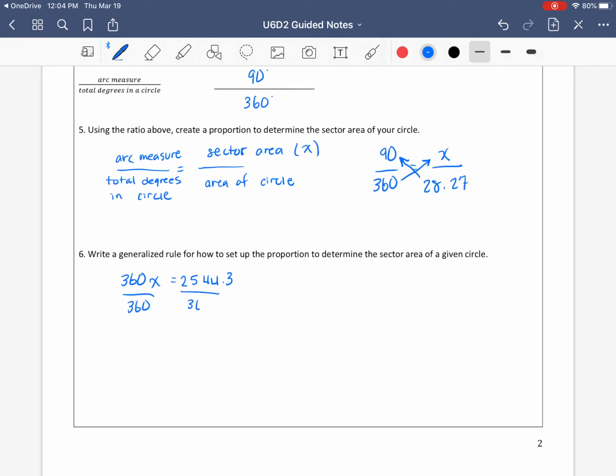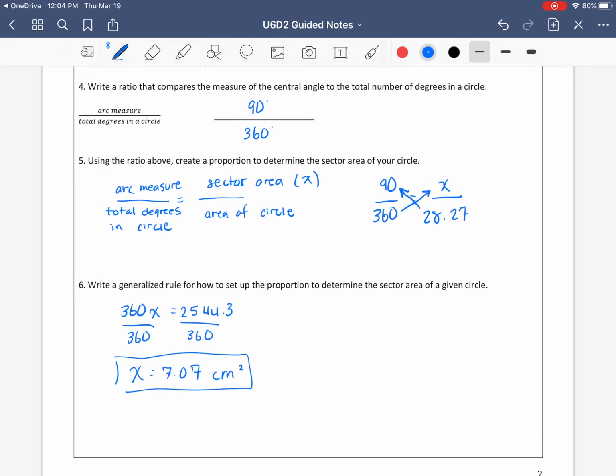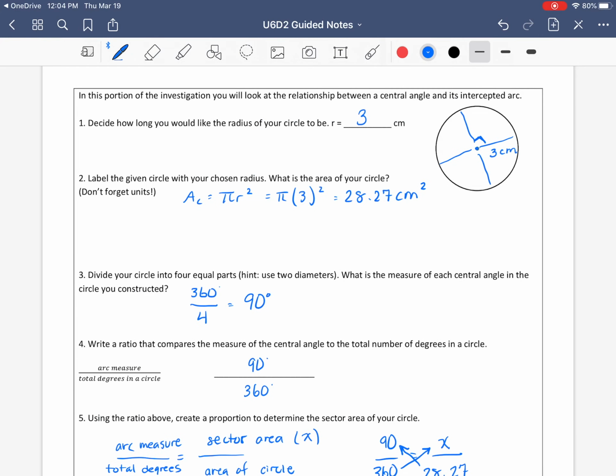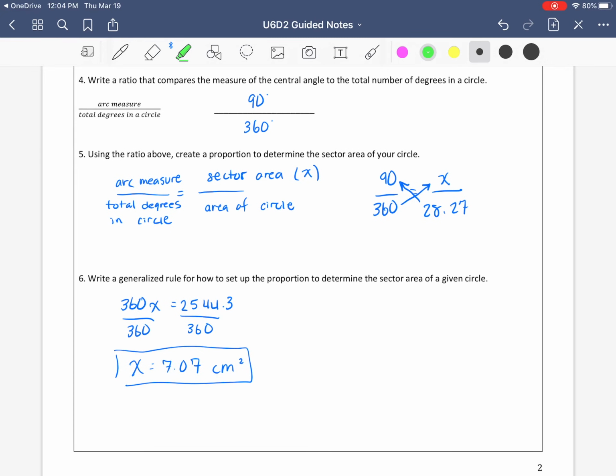To solve for x, we're going to divide by 360. And we get x to equal 7.07 centimeters squared. That means the area of my sector, so this section of my circle, is 7.07 centimeters squared.